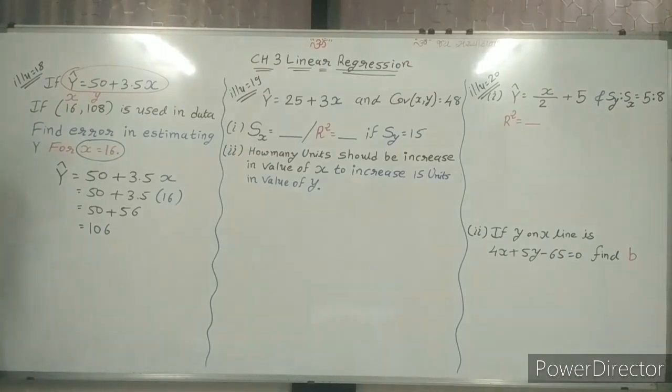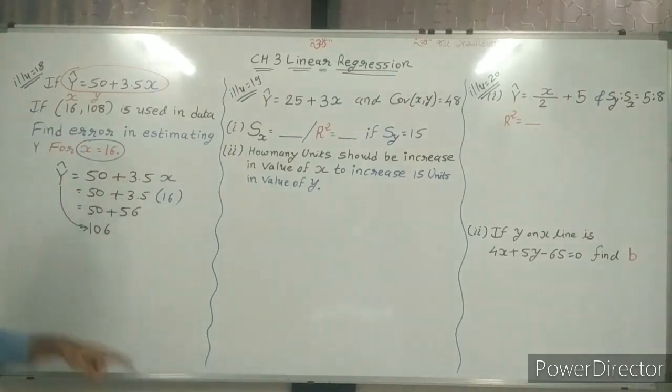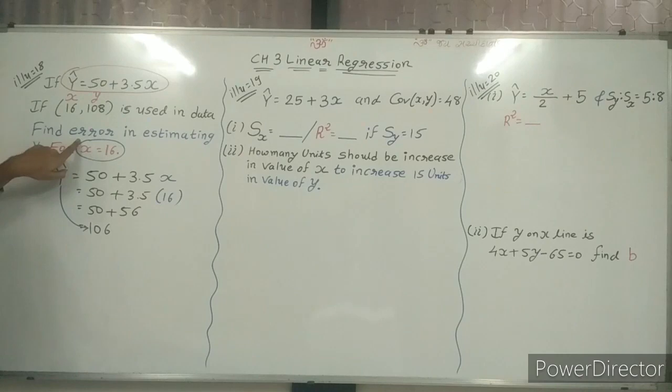Now sir, this is the value of y cap, 106. But sir, for x is equal to 16, what do we need to find? What is my objective? Find the error in estimating y.